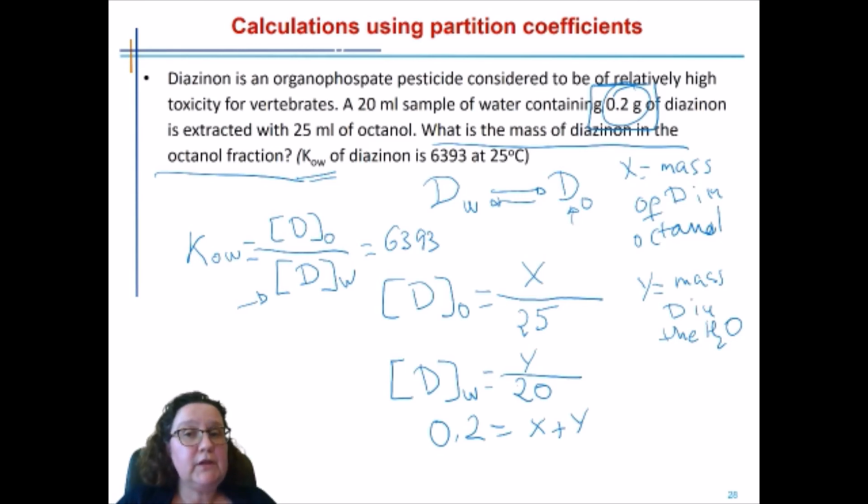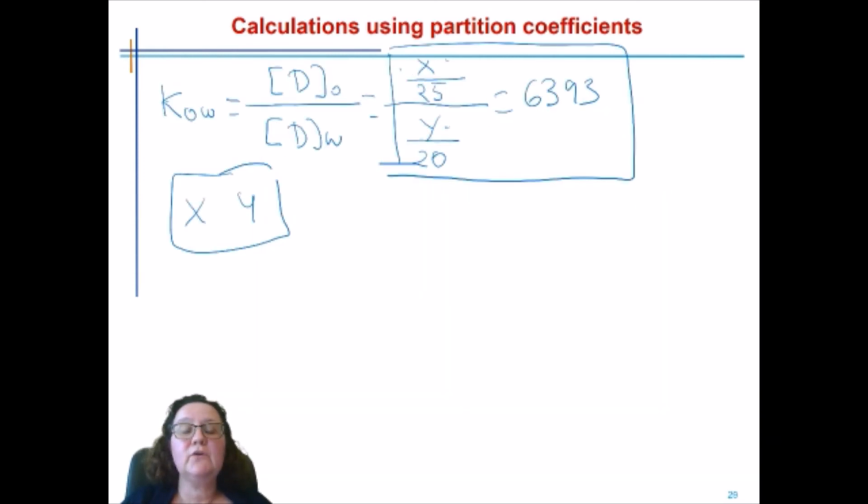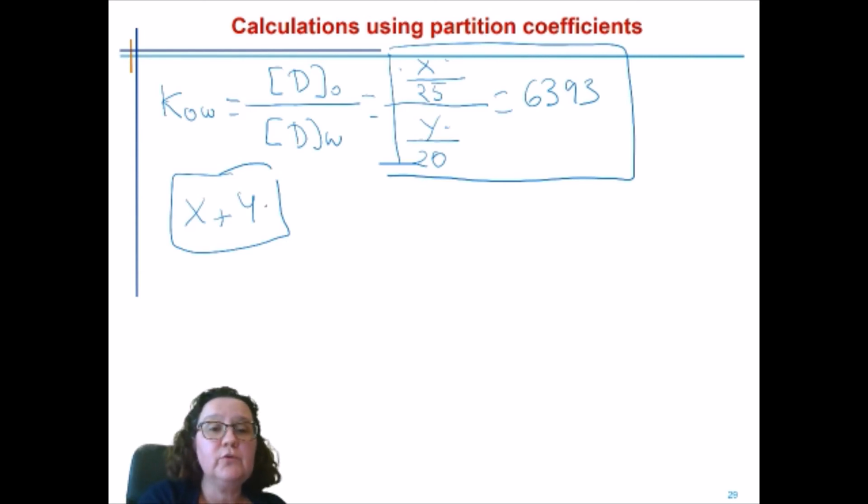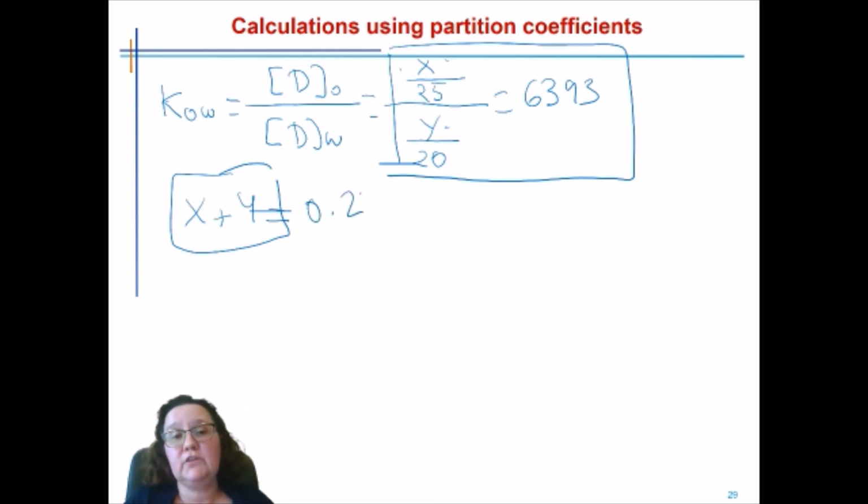Some of it will be in the water and some of it will be in the octanol, but both quantities combined will give me how much I started with, 0.2 grams.